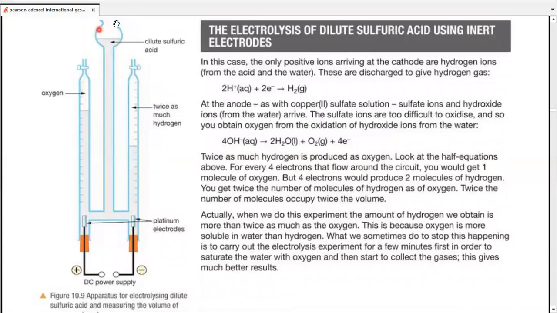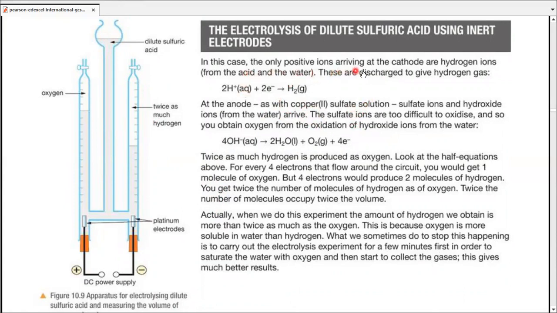And then there is a collection tube on top, which contains dilute sulfuric acid. So when the gases keep on forming and we're getting low on the amount of the electrolyte over here, which is the dilute sulfuric acid solution itself, we'll pour in some more and continue with the whole experiment, right? Okay, so let's discuss what's written over here.